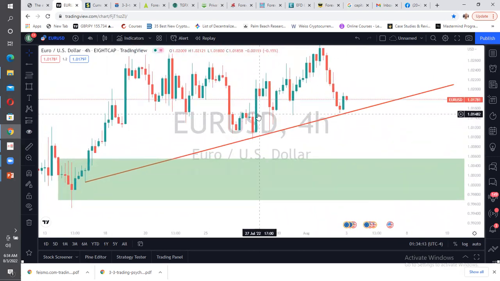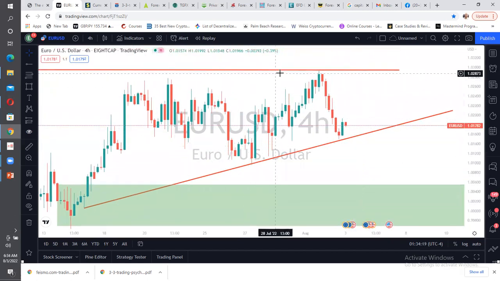We'll have this level here, which is the other block. So the break of market structure. Return back to the other block, which is this block here. But then we'll have an FVG here. They trade into this FVG.